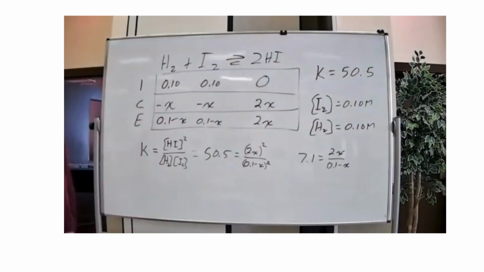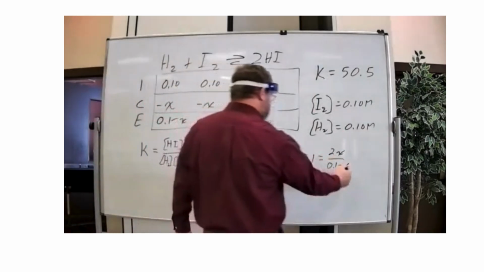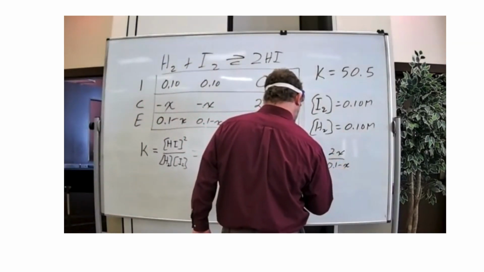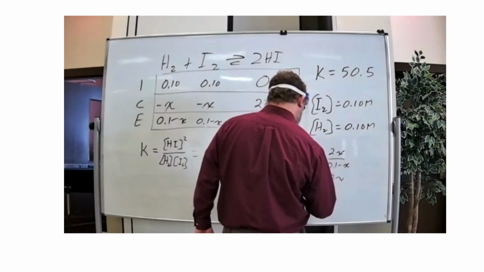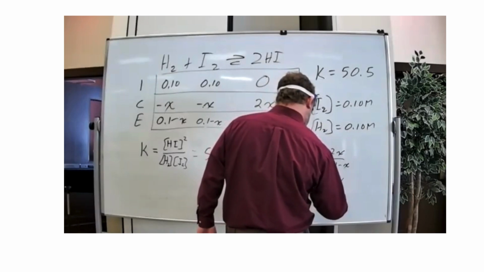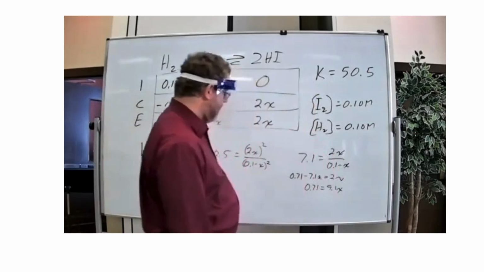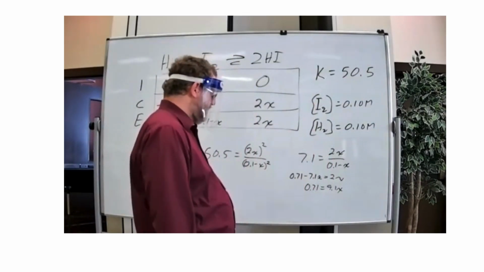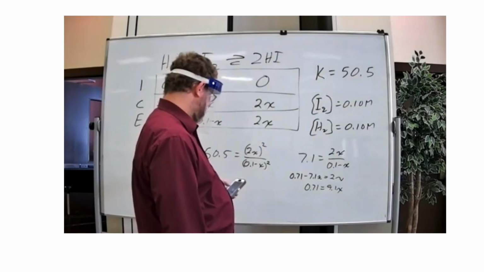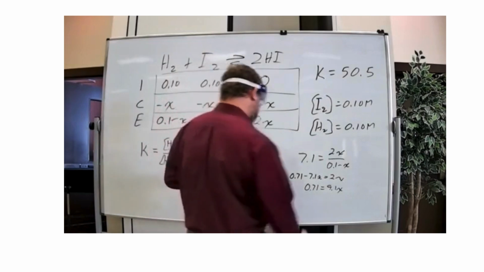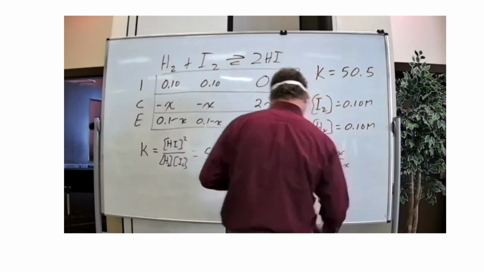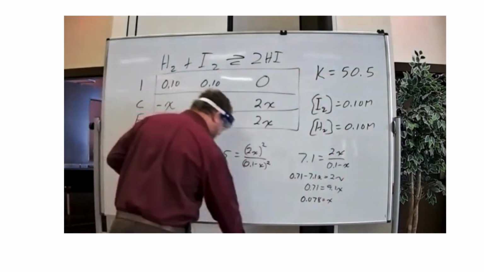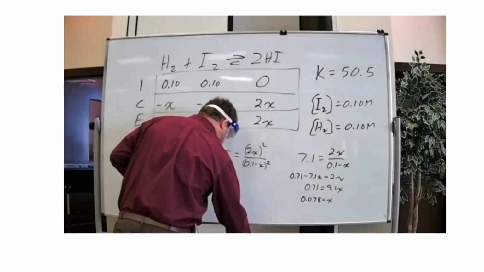Okay, so now I have a single variable. I'm going to multiply both sides by 0.1 minus x. Add 0.71 to both, 7.1 to both sides. And whatever 0.71 over 9.1 is. So that's 0.078. Now this is not, however, any of our equilibrium concentrations.